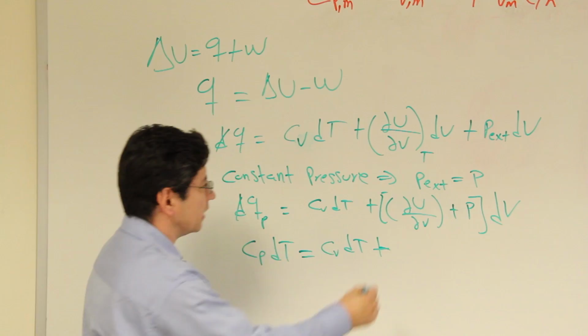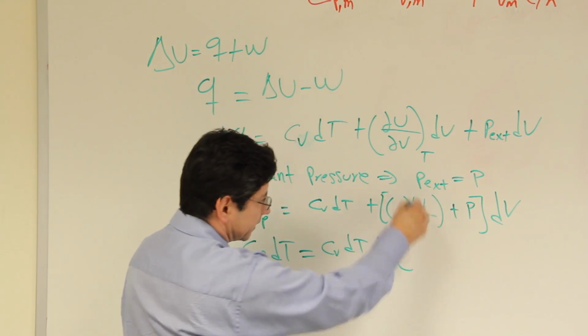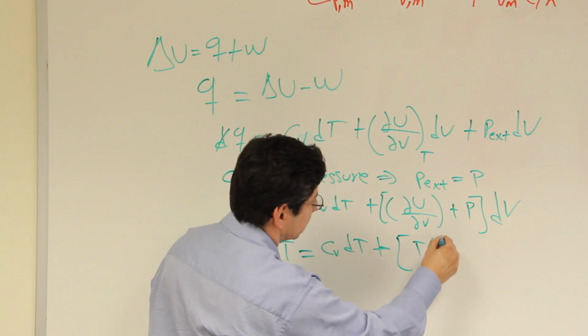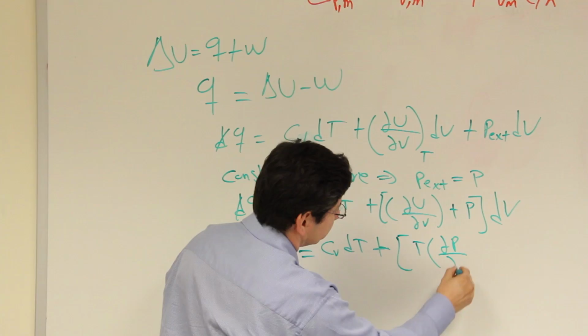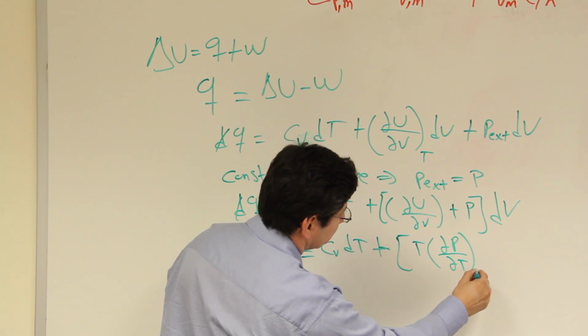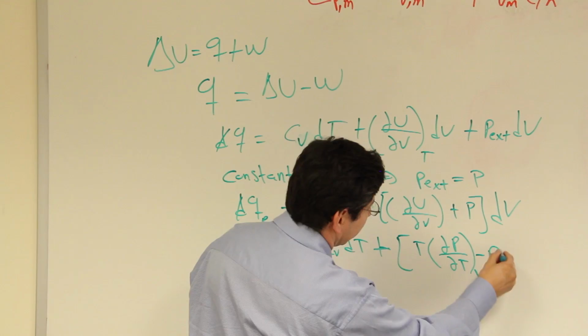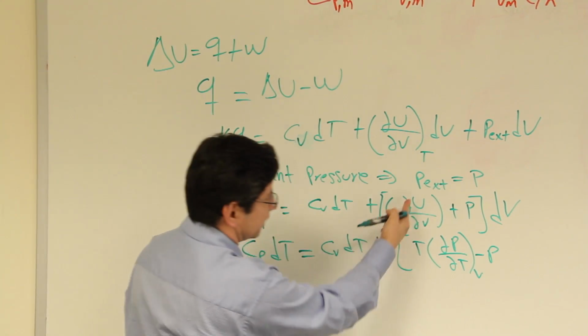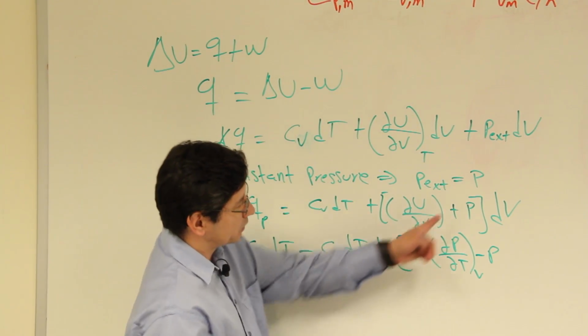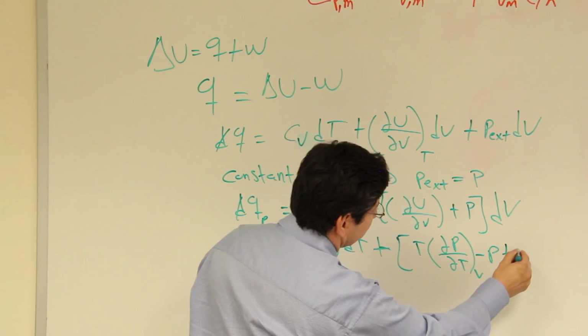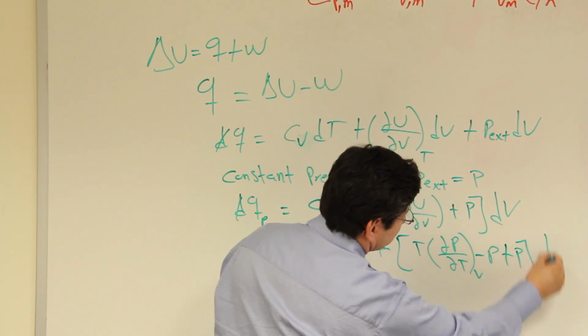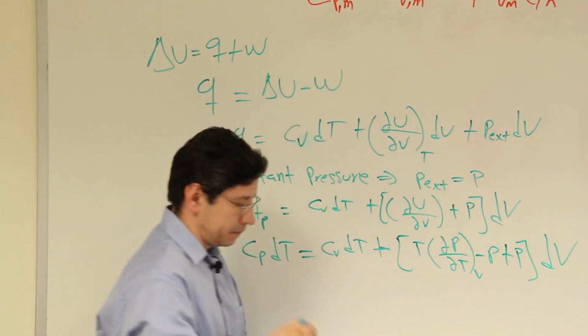We learned in class as well that this term is equal to T (dP/dT) at constant V minus P. This whole thing is this dU/dV. But we still have this plus P to take care of, times dV.